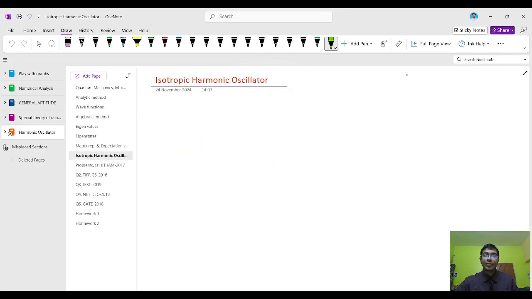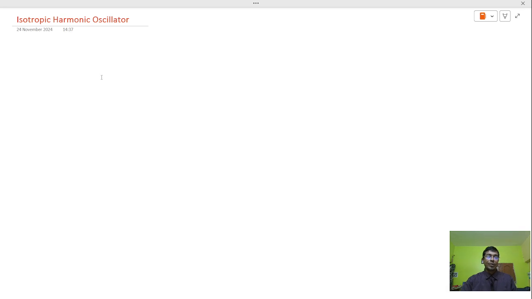So our another topic, isotropic harmonic oscillator. So for the isotropic harmonic oscillator, we have deduced for the two-dimensional harmonic oscillator where the potential V(x, y) is basically half m omega square x square plus half m omega square y square.